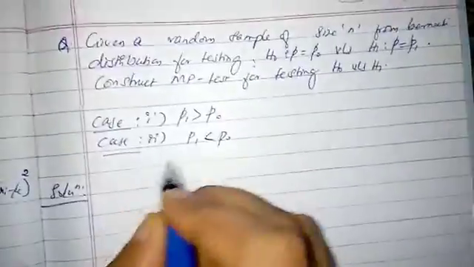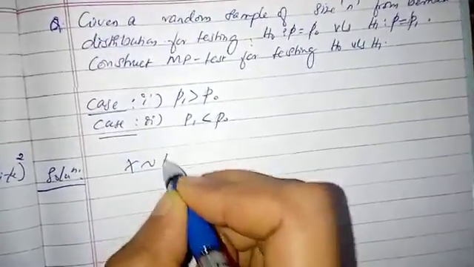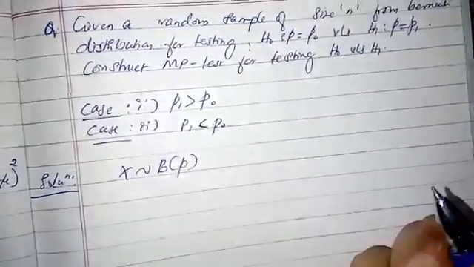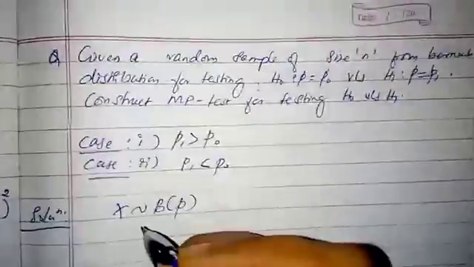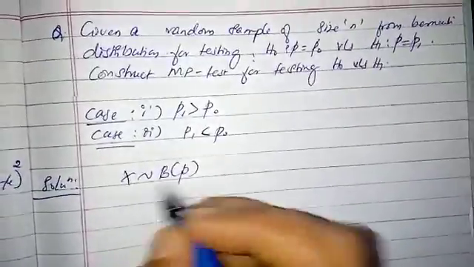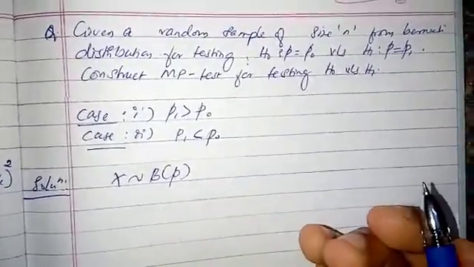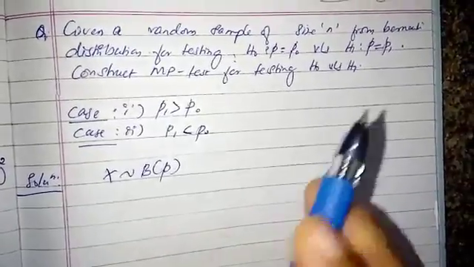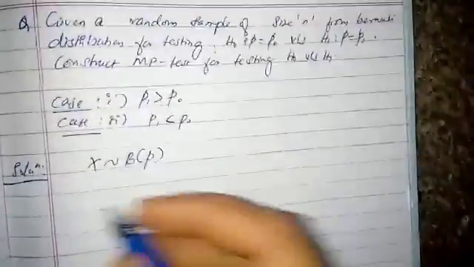So, solution. Here we know that x follows Bernoulli with parameter p. Then what is the PDF or PMF? It is the PMF, because it is a discrete distribution.